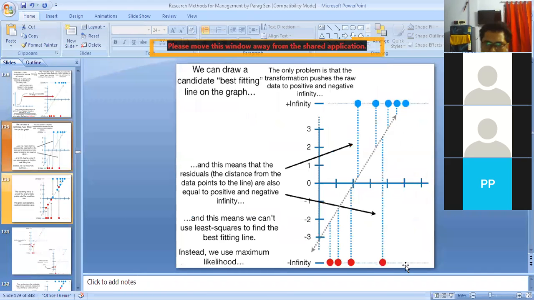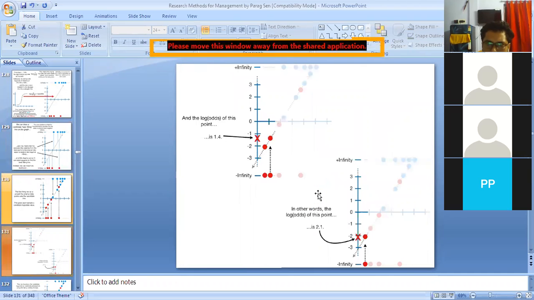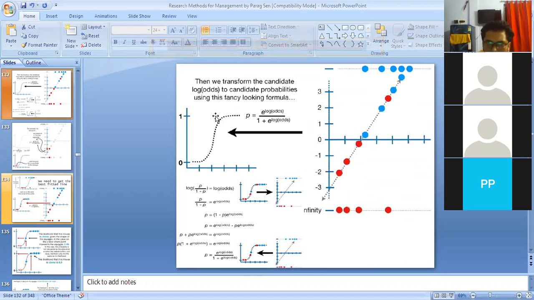You cannot take the residuals from minus infinity to this line, so you transform this using this particular formula. You transform these lines from here to here, using this formula.